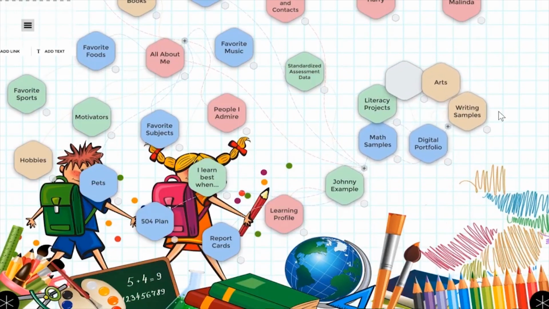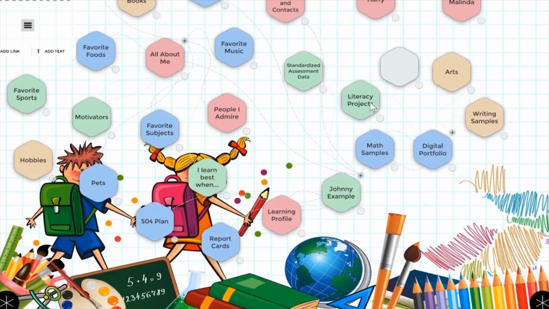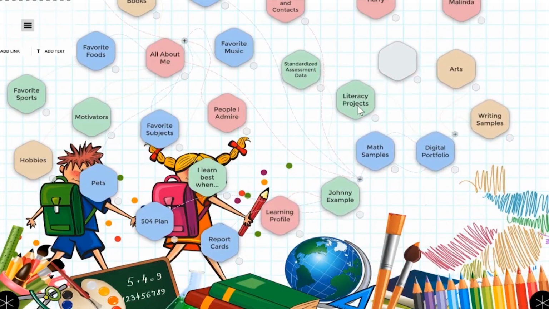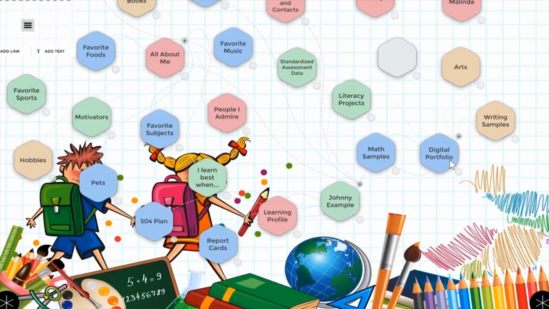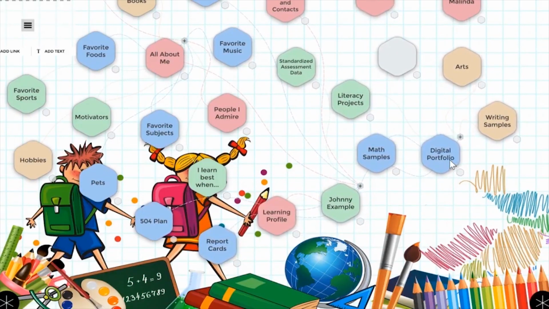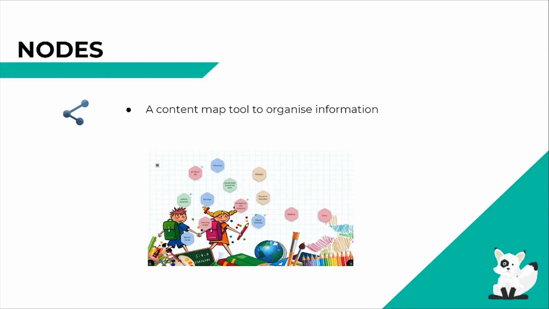So you see here that you can add writing samples, art, literacy projects, math samples, and so on. And you can use this at parent-teacher meetings or when meeting with other teachers. So with Nodes, you can organize and present all the information you have about a student in a very simple way.